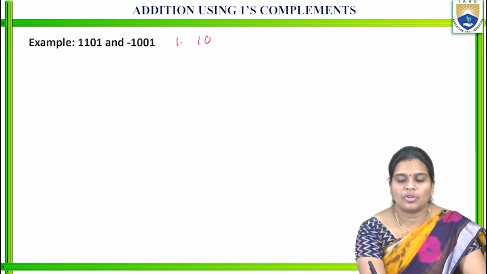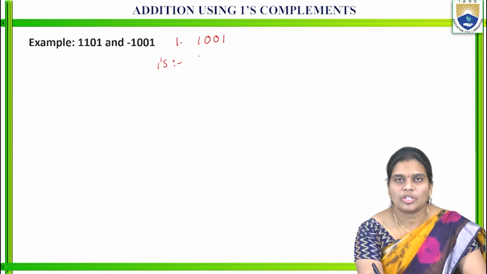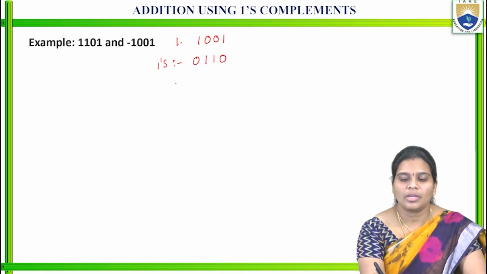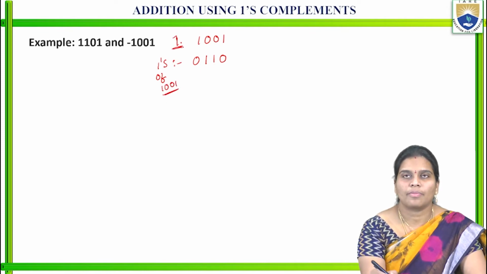So 1001 ones complement, we are applying the ones complement. So in the ones complement, ones will change to zeros, zeros will change to ones. 0, 1, 1, 0. This is the ones complement of 1001. So this is the first step.